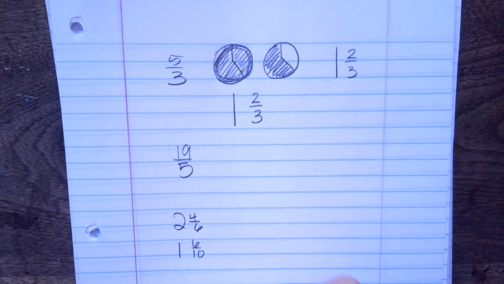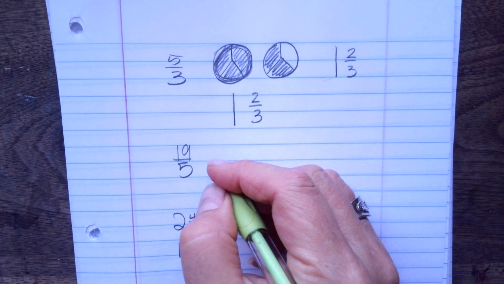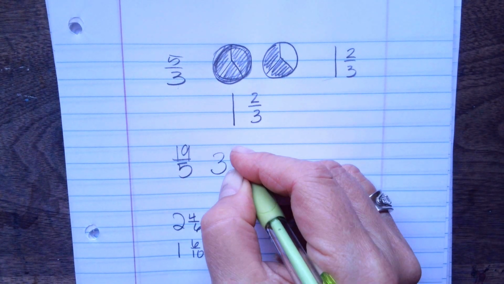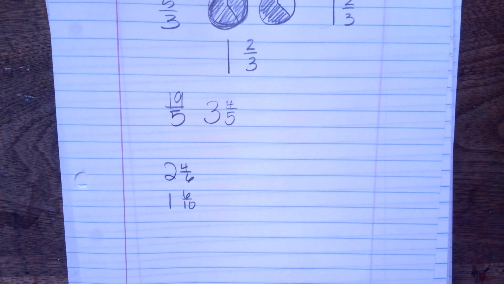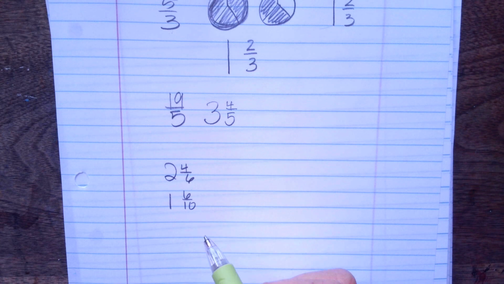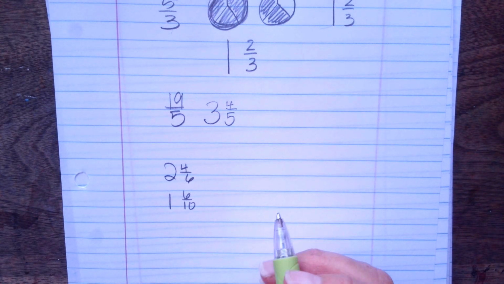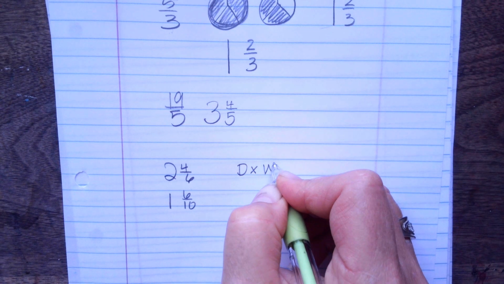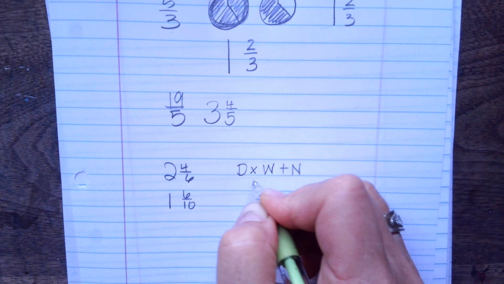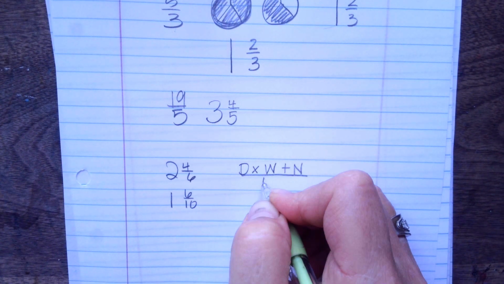Three. Yeah. Is it 3, 4, 5? Yep. And then the opposite is to change a mixed number into an improper fraction. So for that, we do denominator times whole number plus numerator over denominator.